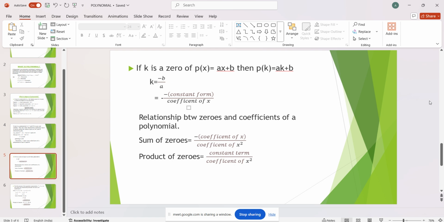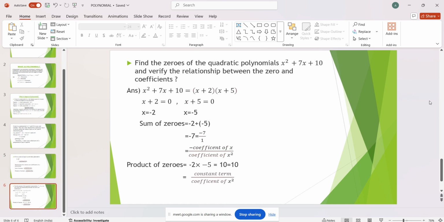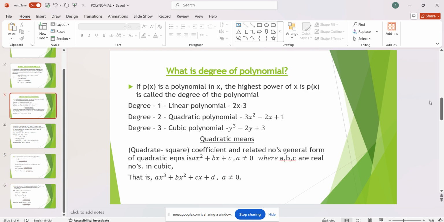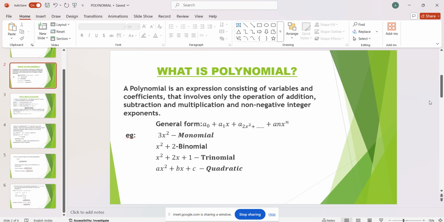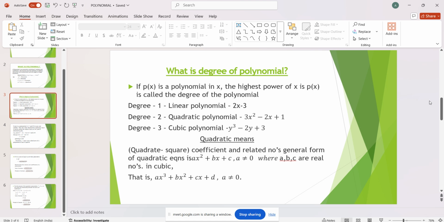This much only. Today we studied different types of polynomial: monomial, binomial, trinomial, then linear polynomial, quadratic polynomial and cubic polynomial. Quadratic means square.